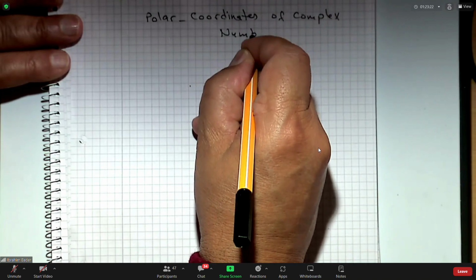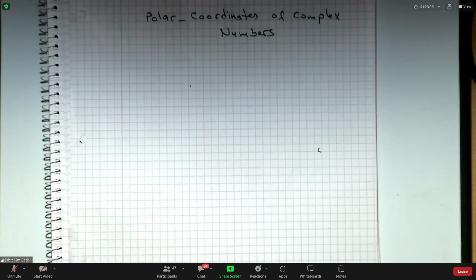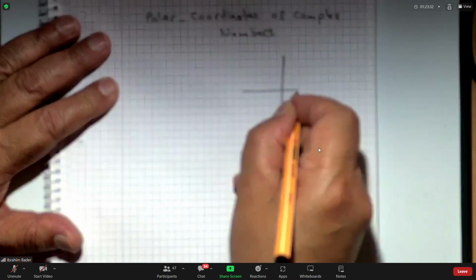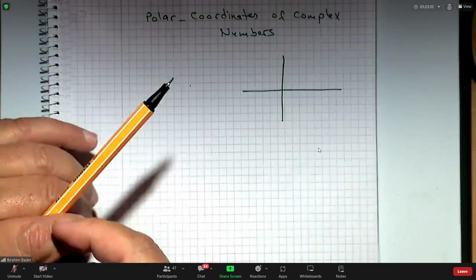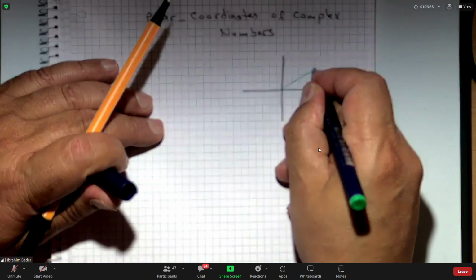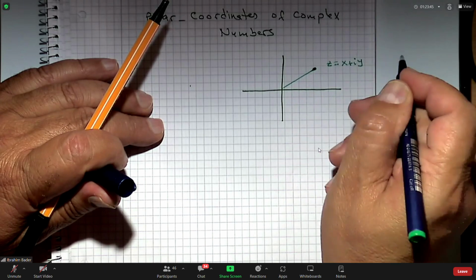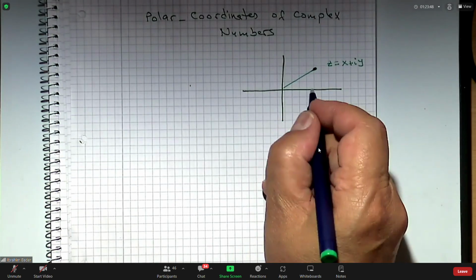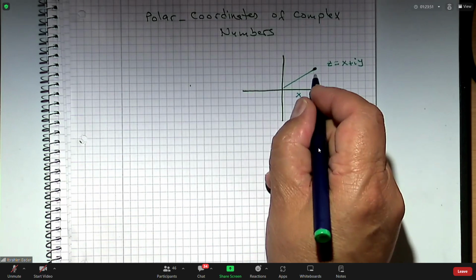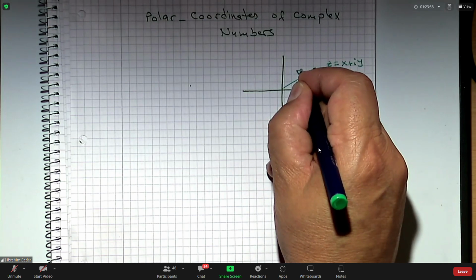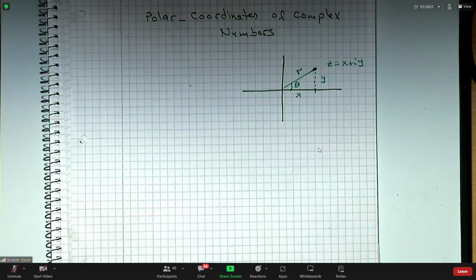You just remember that I said at the beginning of this section that you can think about any complex number as z. If z equals x plus iy, you can think about it as the ordered pair, where this is x, this amount here is y, and this here, if I call it r, and this is theta, just like we did in the previous section with two-dimensional vectors.